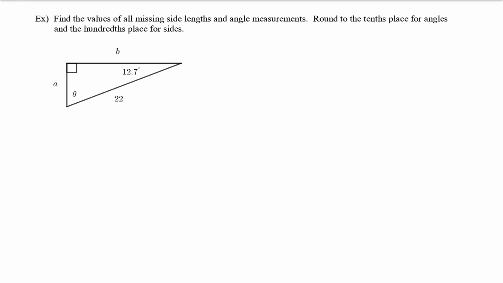So now we can combine these two ideas to find unknown sides and angles of any right triangle. So here's a right triangle where I don't know either leg, and I only know one of its acute angles, which is 12.7. So right off the bat, I know that the angle theta is just going to be 90 minus 12.7. I don't know why I wrote that so tiny.